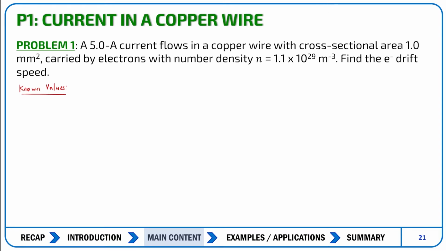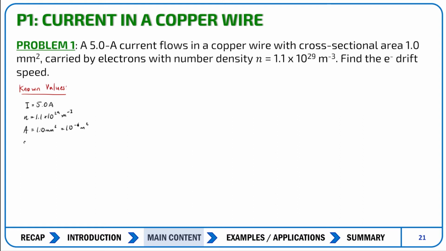We're given I equals 5.0 amps. We have N equal to 1.1 times 10 to the 29 meters to the negative 3. We have a cross-sectional area of 1.0 millimeters squared, equal to 10 to the negative 6 meters squared.